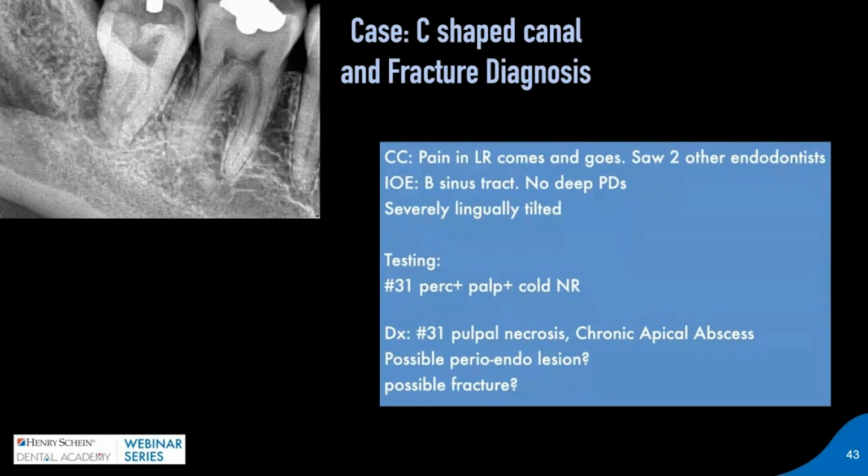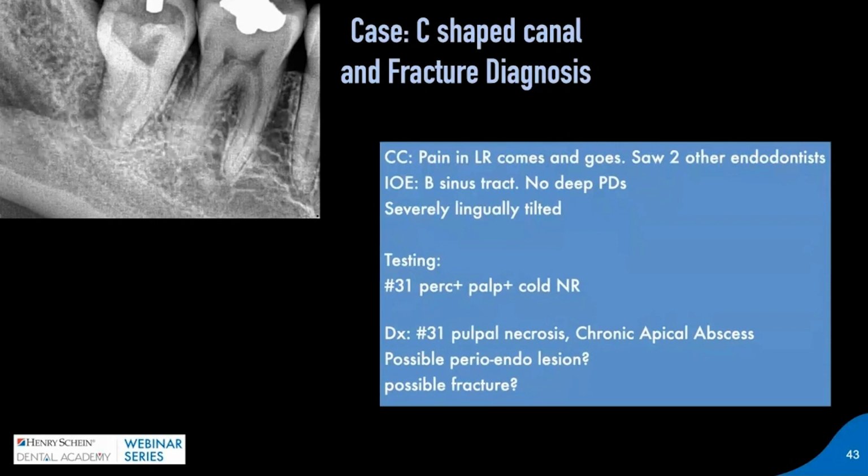Now, this case was particularly interesting because this patient had actually seen 2 other endodontists prior to seeing me. The reason was that they had this large periapical radiolucency that travels up the side of the tooth. It's that typical J-shaped lesion presentation. The patient saw different endodontists, who gave different responses.